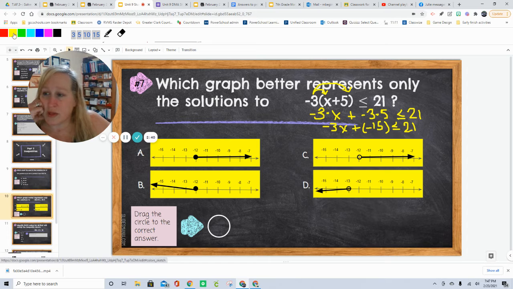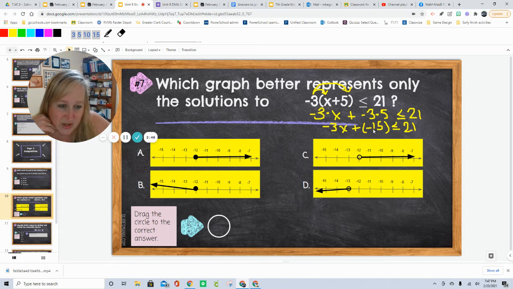So we need to move this -15 over. So I'm going to add 15 to both sides. And you get -3x is less than or equal to 36.